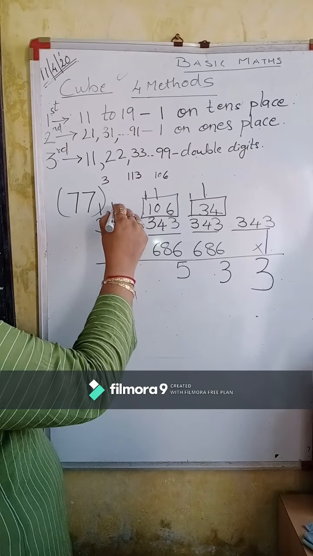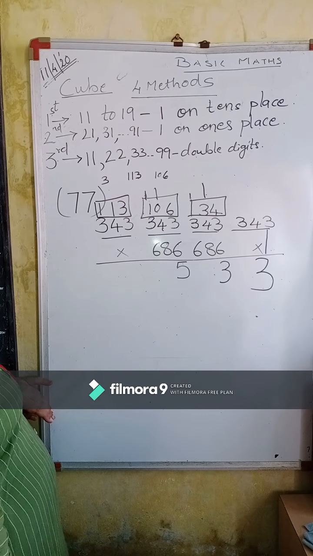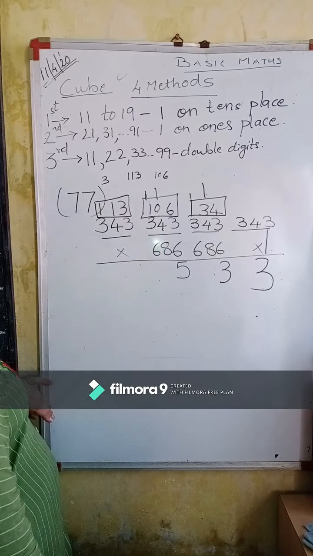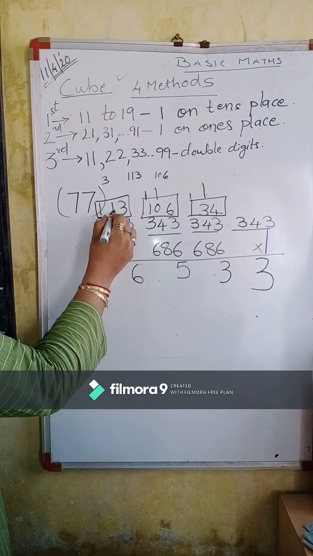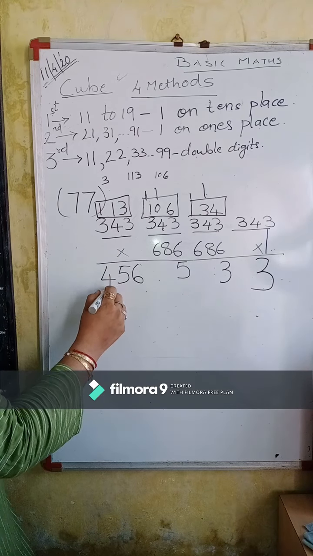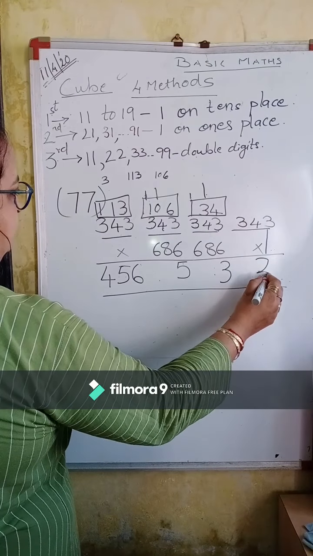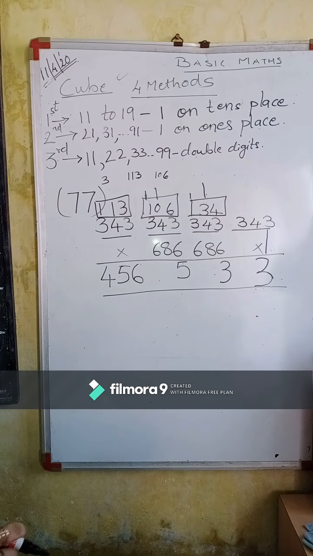That will go here in carry. Only 5 here. All these digits I added and carried. 3 and 3 is 6. 4 and 1 is 5. 3 and 1 is 4. 4 5 6. So 456533.